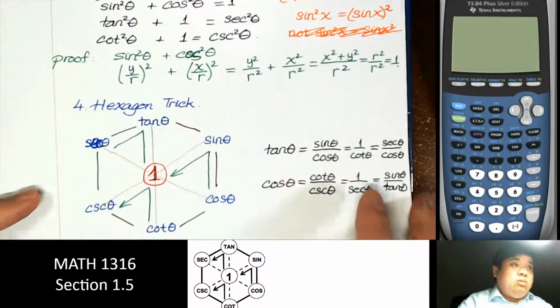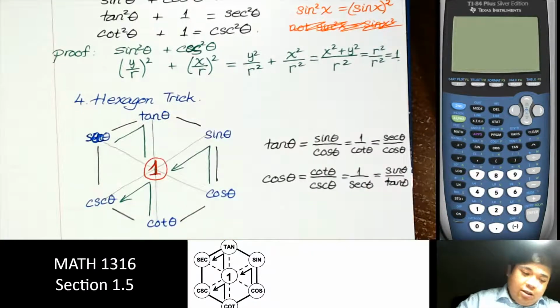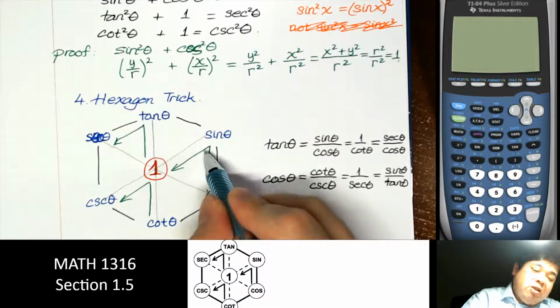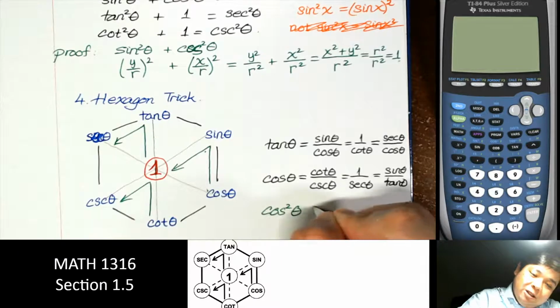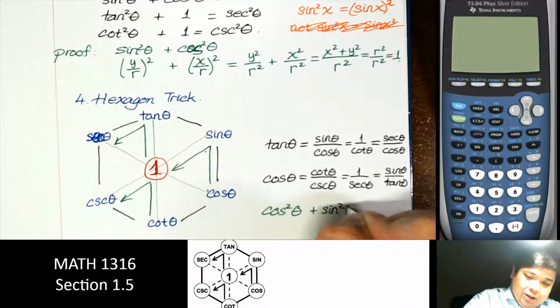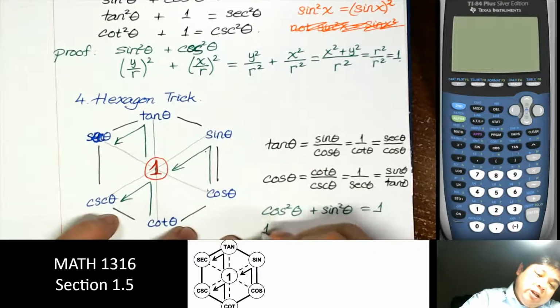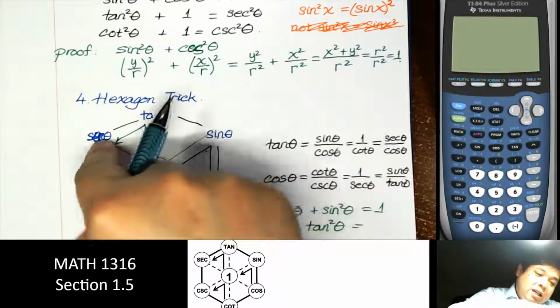Now the Pythagorean identities. We have this pattern. So we have cosine squared plus sine squared is 1. One squared plus tangent squared is secant squared.